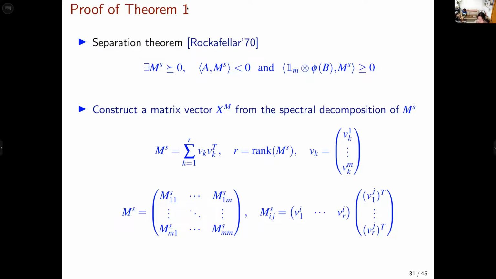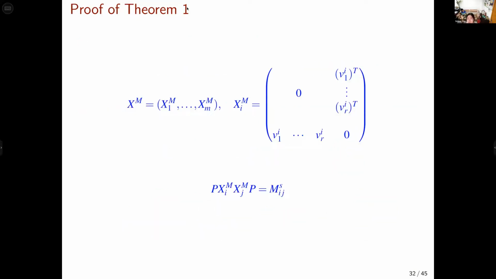And this is a representation of M_i,j. So this is what we want. We define xi_M equals this.